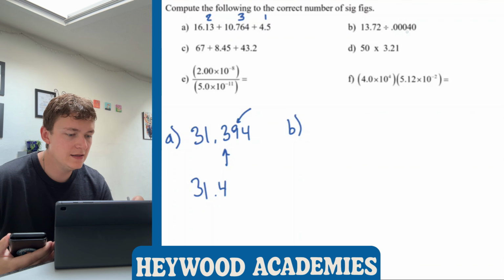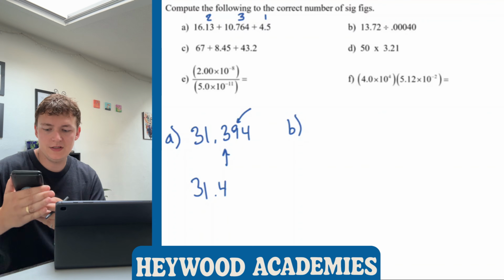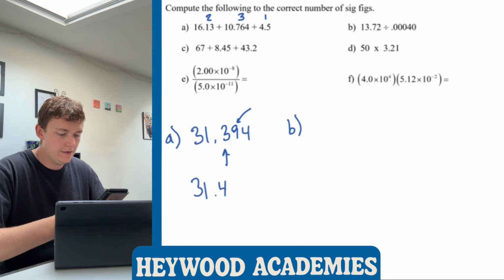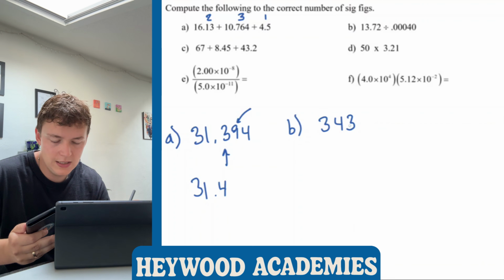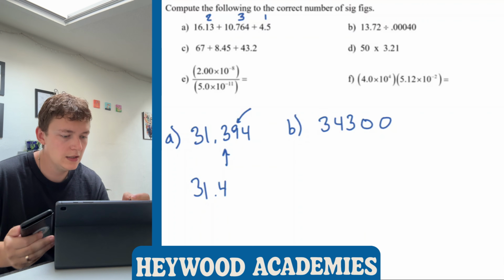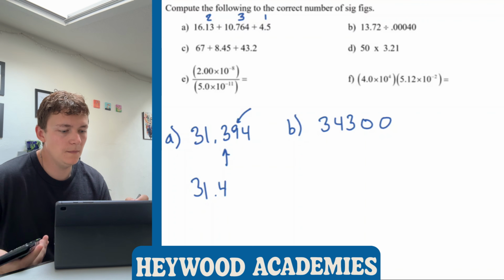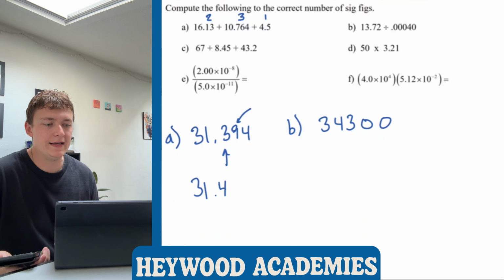Okay, so now for B, we can do this division here first. So let me plug this in the calculator. 13.72 divided by 0.0004. And if we write this number out, we get 34300 as our answer. But now we're doing dividing.